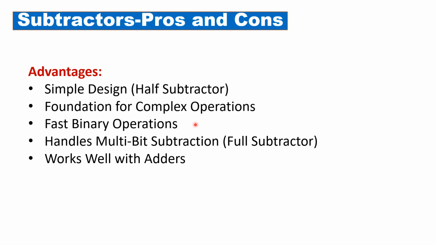Fast operation: hardware subtractors perform subtraction quickly. It manages borrow efficiently in large operations. Works well with adders: it can be used with adders for 2's complement arithmetic, simplifying subtraction.